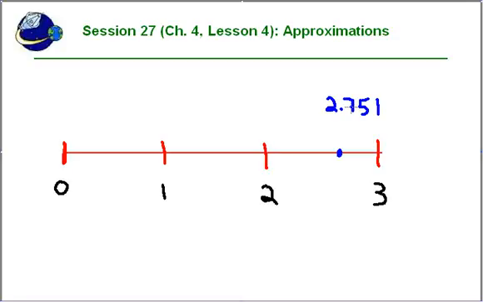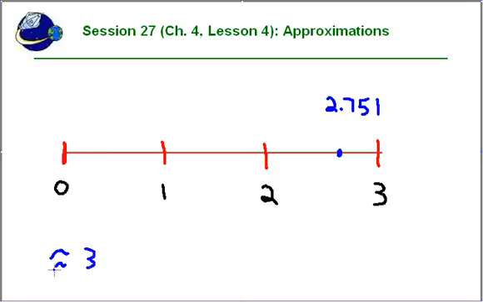If that number is a 5, 6, 7, 8, or 9, we round up. We bump up, or in this case, we approximate up. So 2.7 is closer to 3 than it is to 2. So the approximation of 2.751 to the nearest unit would be 3.